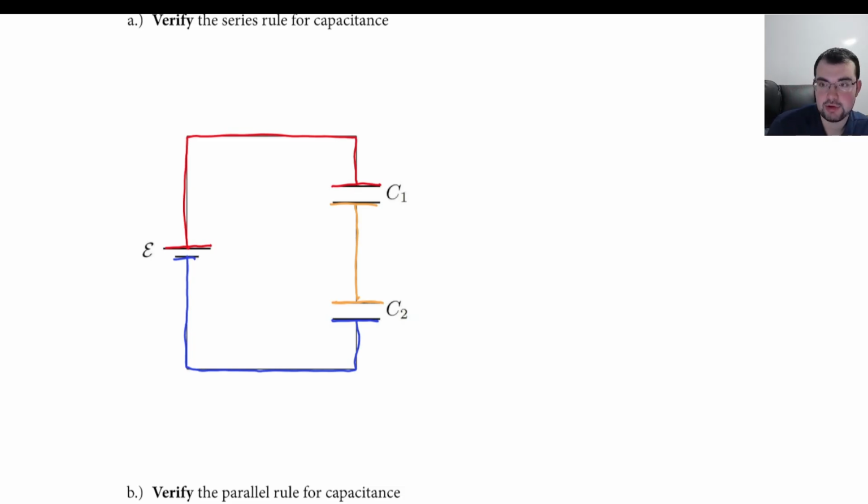Like this, right? Because we're going to drop some of the battery voltage across C1 and the rest of it across C2. So we know that equivalent capacitance is defined as the total Q divided by the total delta V.